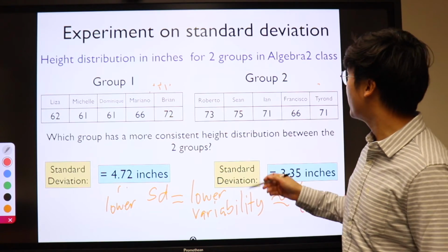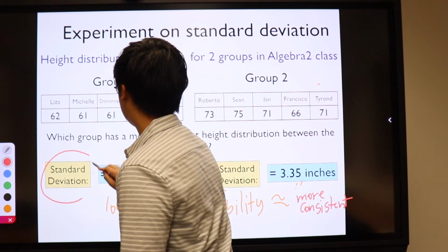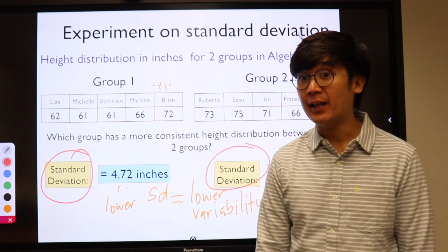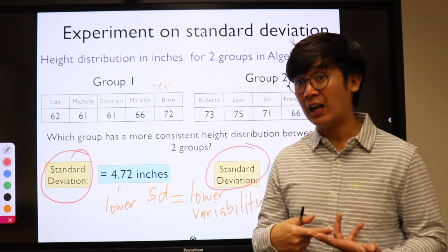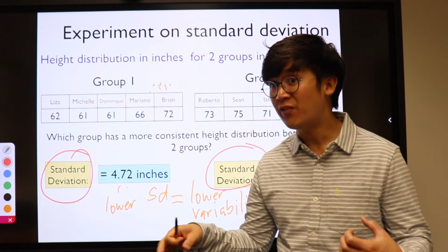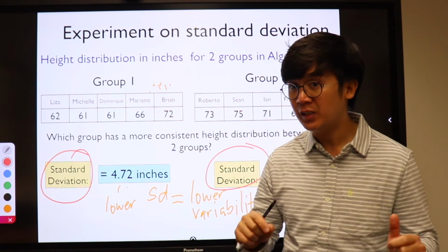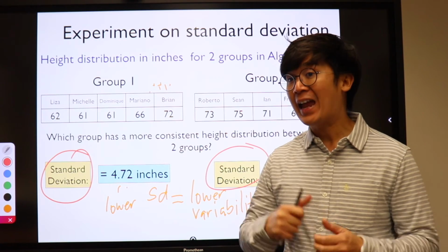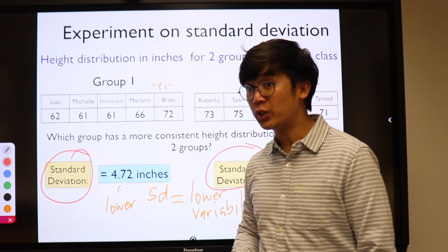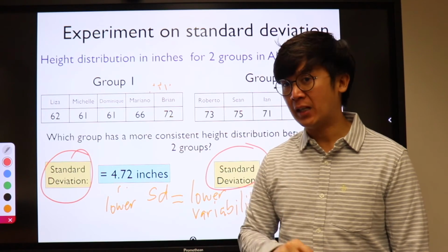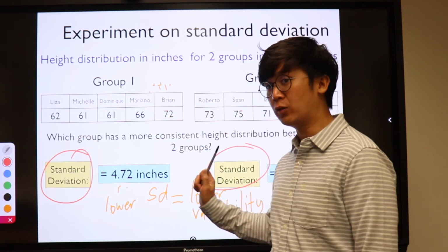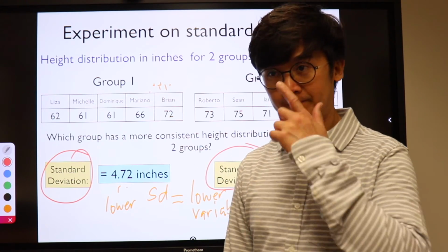And that is the importance of the standard deviation in statistics or in mathematics. It gives us a numerical value that describes the variability, or the average differences, of each group. And in statistics, the lower the variability, or the lower your standard deviation is, the better the consistency. And that is how you compute for the standard deviation.